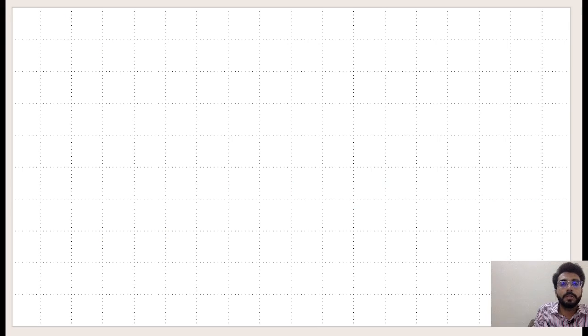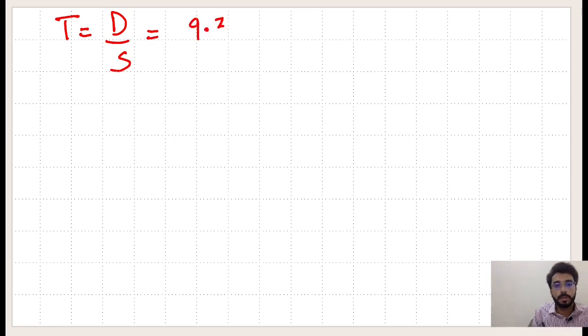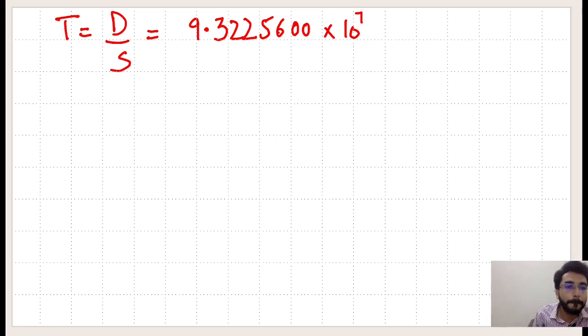So time equal to distance over speed. Distance is given as 9.3225600 into 10 raised to power 7, and the speed is given as 1.86000 into 10 raised to power 5.